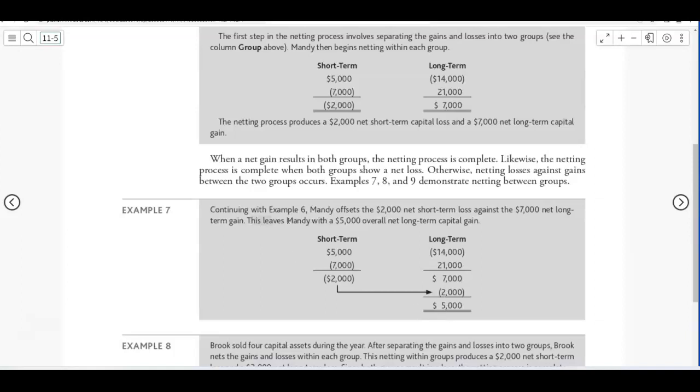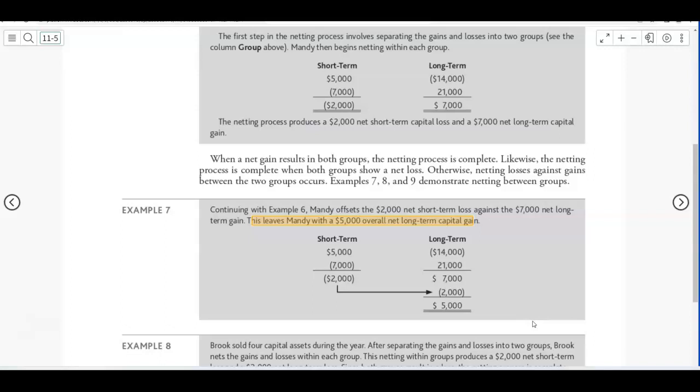So this leaves Mandy with 5,000 overall net long-term capital gain. Make sense? It's a long-term capital gain, you just pay the favorable taxes.